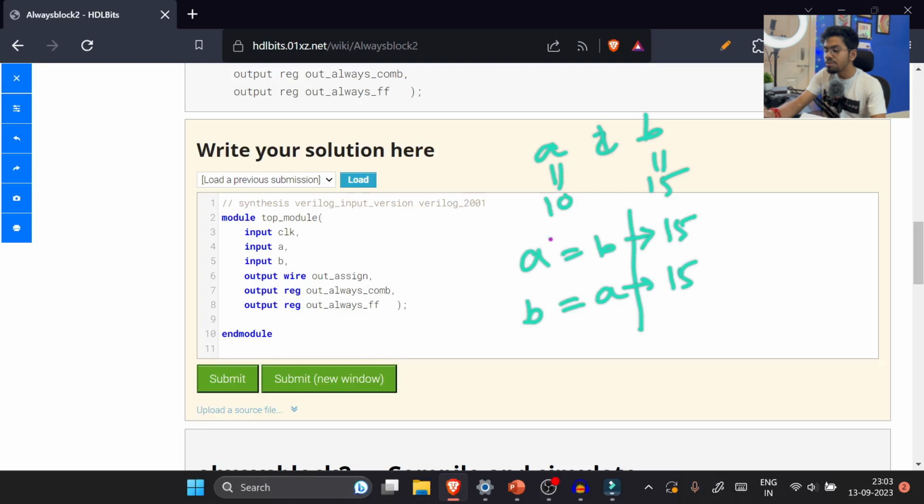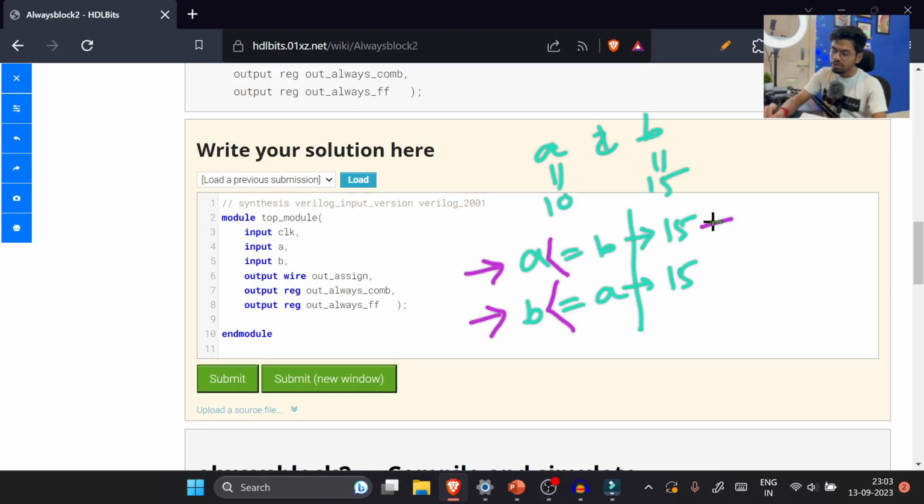But at the same time, if I do this, a equal to b and b equal to a, with non-blocking assignments, then what is happening? Tell me, will you get the answer? As it is a non-blocking assignment, there is no delay specified, so this statement and this statement will get triggered at the same time.